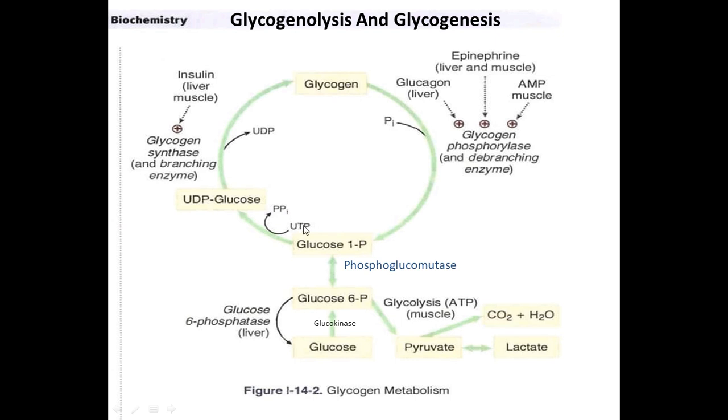Now the net UMP, which is made of only one phosphate, will bond to the phosphate group on the 6th carbon of the glucose 1-phosphate to form UDP.